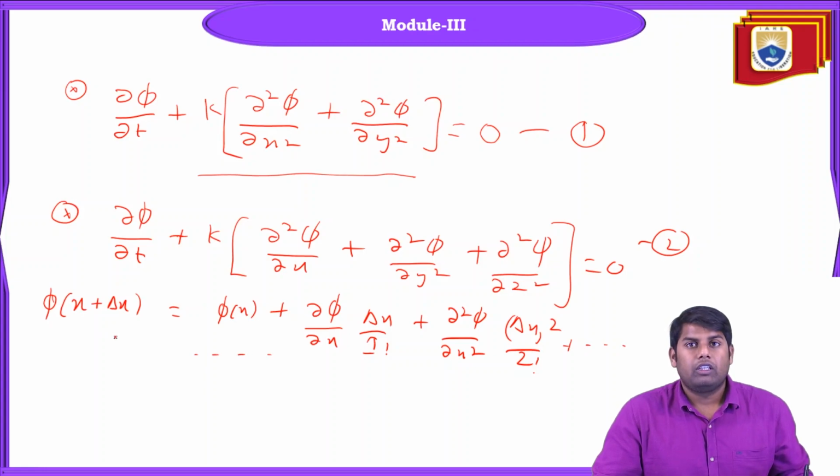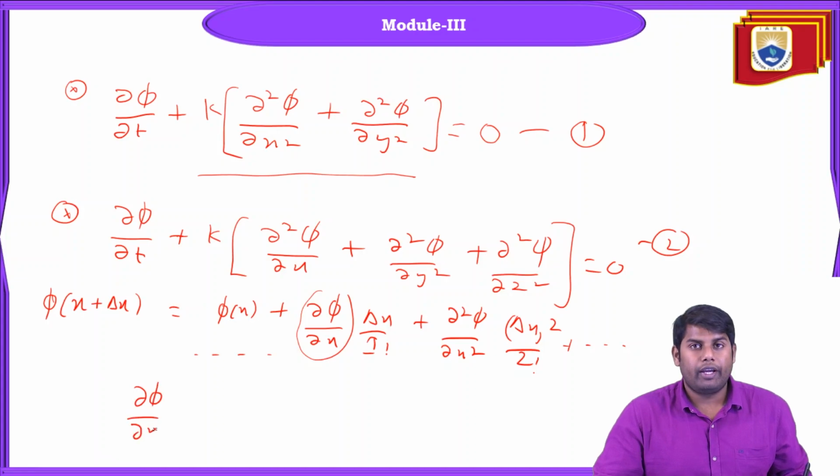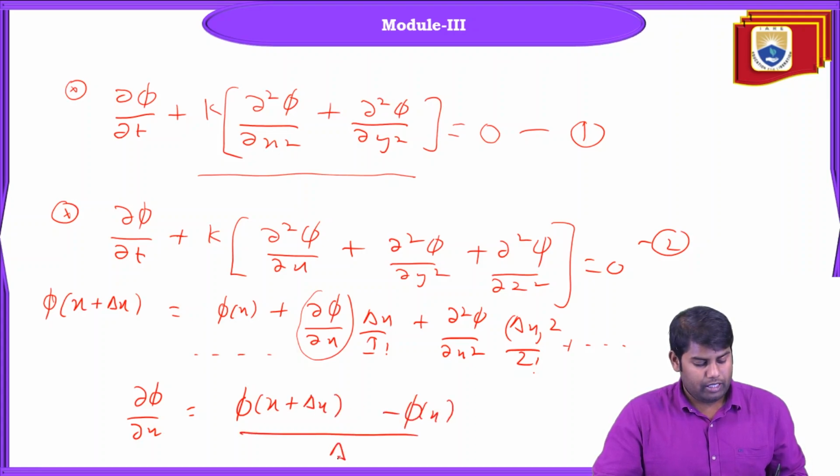We need to calculate this term, so we rearrange. Therefore ∂φ/∂x is equal to φ of x plus delta x minus φ of x, divided by delta x, plus order of the truncation error. This is what we have.